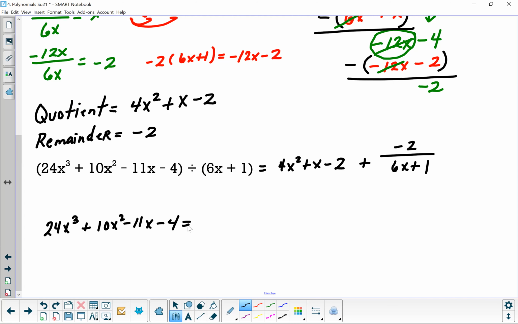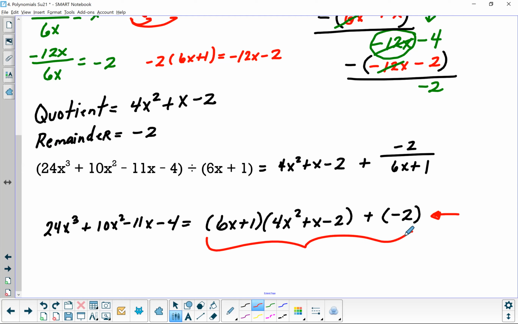If you want to check your work, our dividend should equal our divisor multiplied by our quotient plus our remainder. Okay, so if you want to check your work, you want to basically multiply and simplify out this expression.